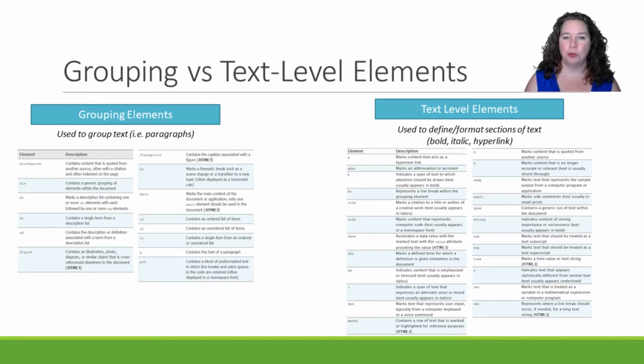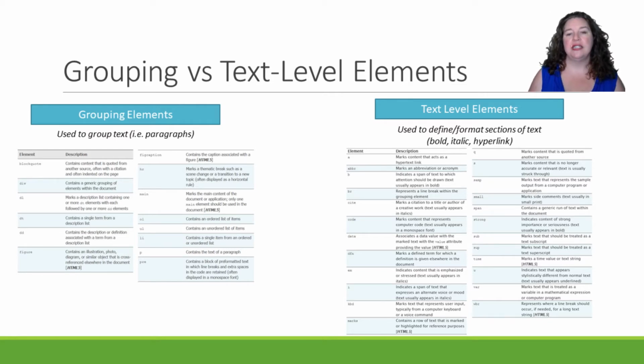This is where you do your bolds and italics and underlines and hyperlinks. This is usually an individual item that you are going to do something with. So if I want to bold a word inside of my paragraph, those are text level elements to bold it, and the paragraph is a grouping element because it holds a lot of words. It doesn't really matter if you get the concept of grouping versus text level elements, as long as you know what all of these elements are.